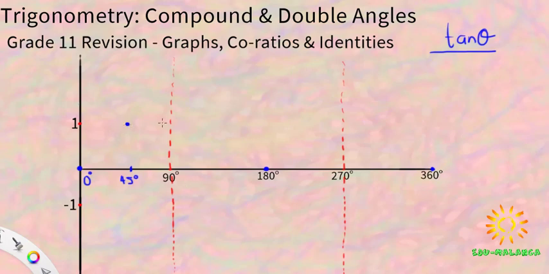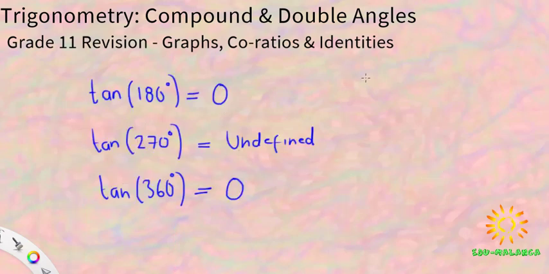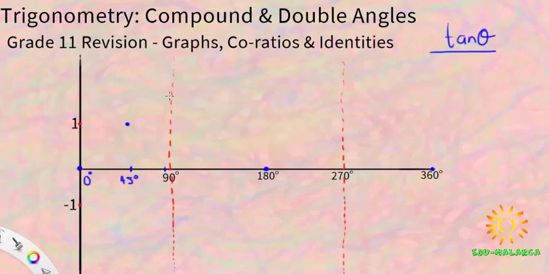And let's check a value close to 90 degrees, maybe 80 degrees. So we'll put into our calculators tan of 80 degrees, and we're going to find it's equal to 5.7. So the values are growing. 5.7 will be high up somewhere there. So what we can see is that this graph is doing this, and it's growing on this side.